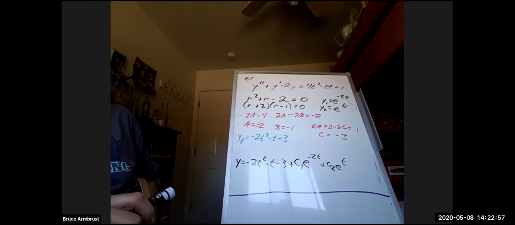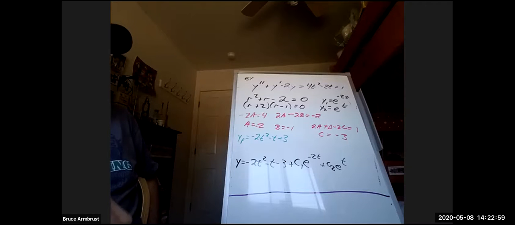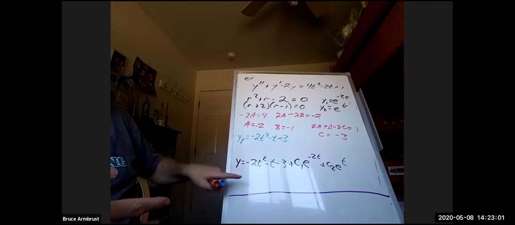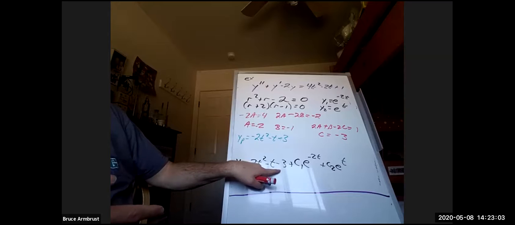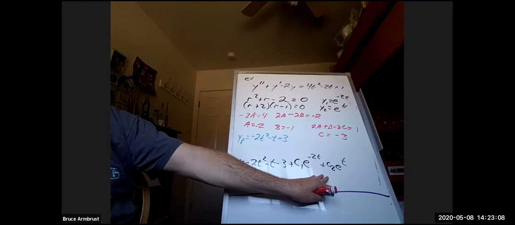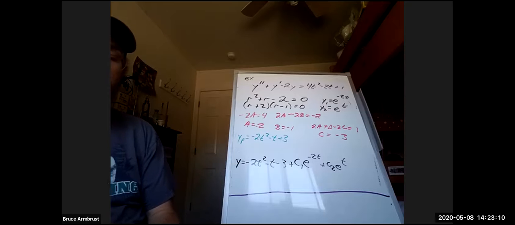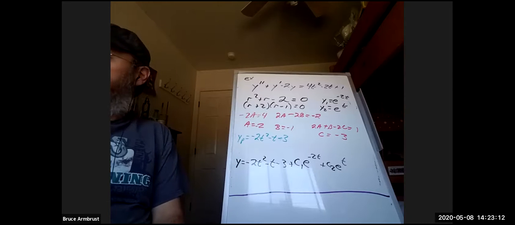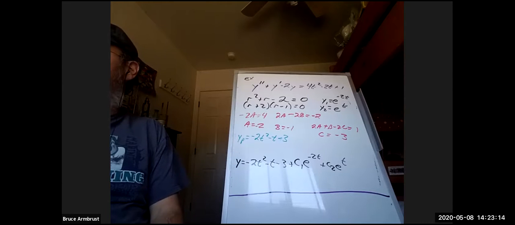But it has that same form that we knew we had to head for, which was a particular solution plus the linear combination of our fundamental set to the homogeneous differential equation.